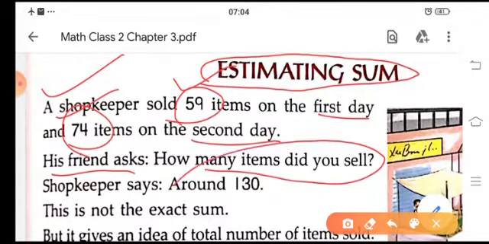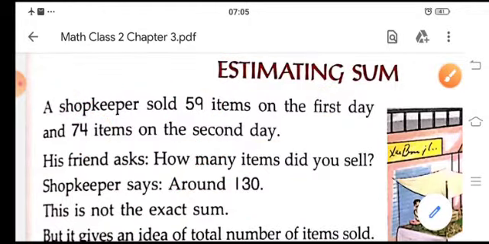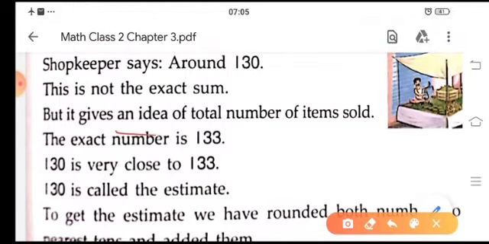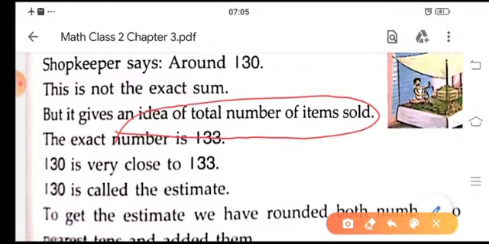The shopkeeper says around 130. Children, this is not the exact sum, but it gives an idea of the total number of items sold. The exact number is 133, so 130 is very close to 133.